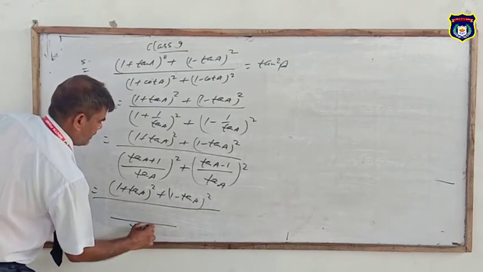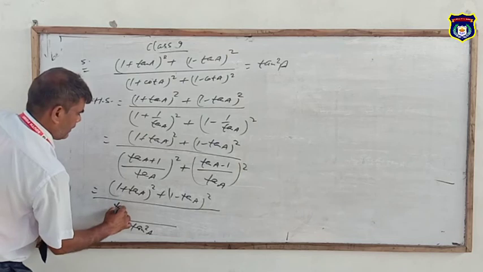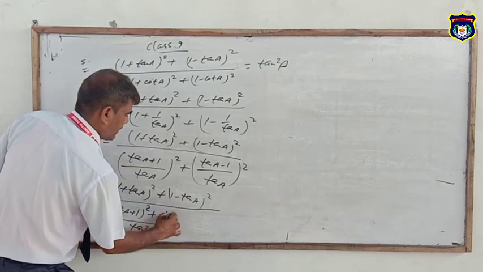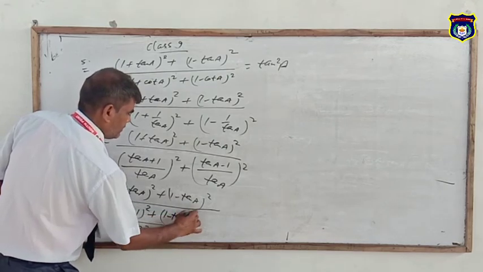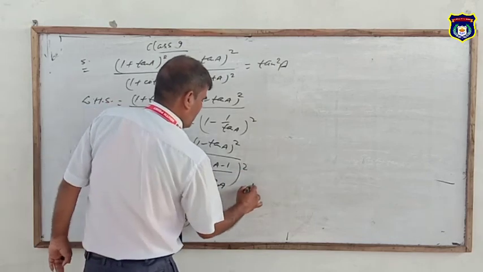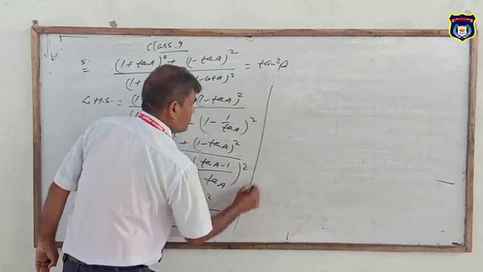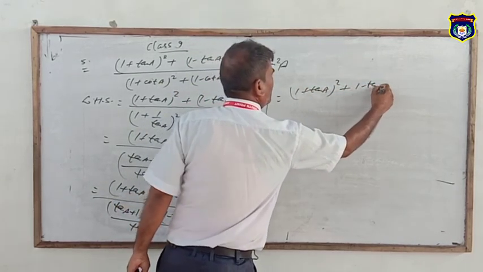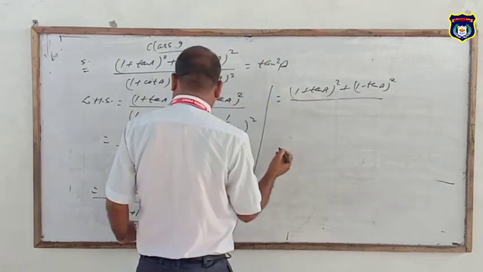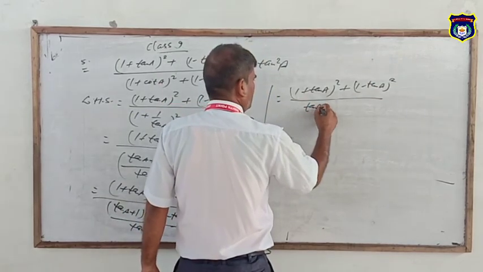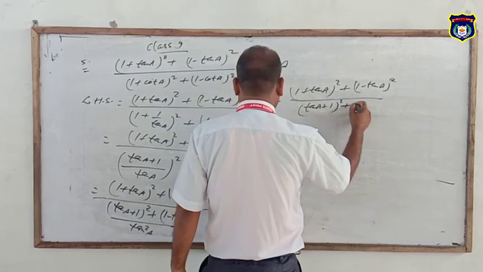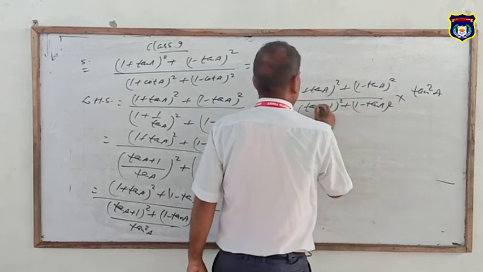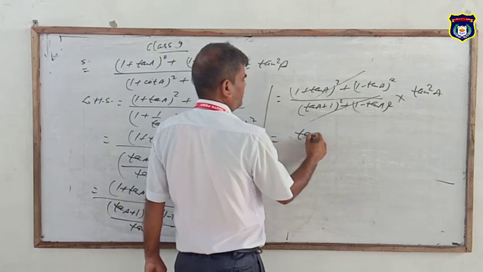Tan square A LCM: (tan A plus 1) whole square plus (tan A minus 1) whole square, or (1 minus tan A) whole square is the same whole square. So this is (1 plus tan A) whole square plus (1 minus tan A) whole square by (tan A plus 1) whole square plus (1 minus tan A) whole square into tan square A. Now this cancels. This is tan square A.